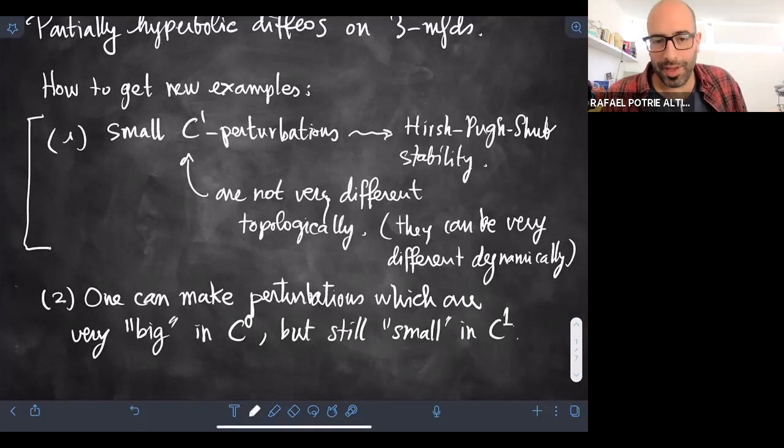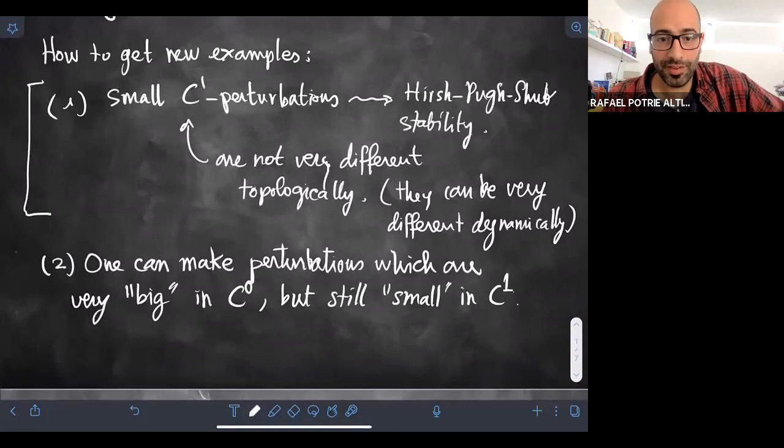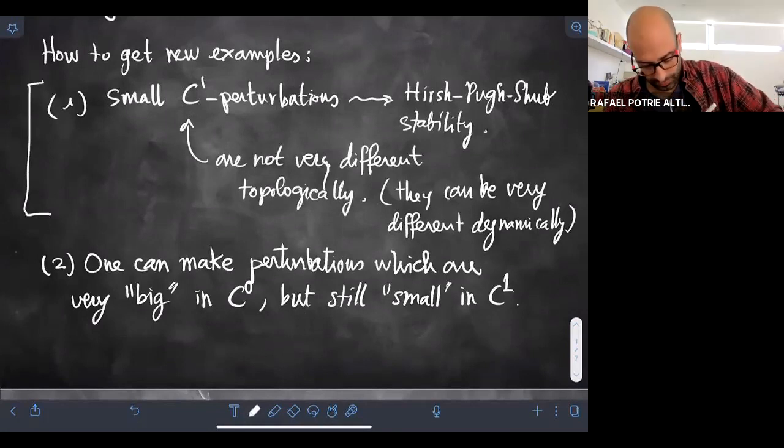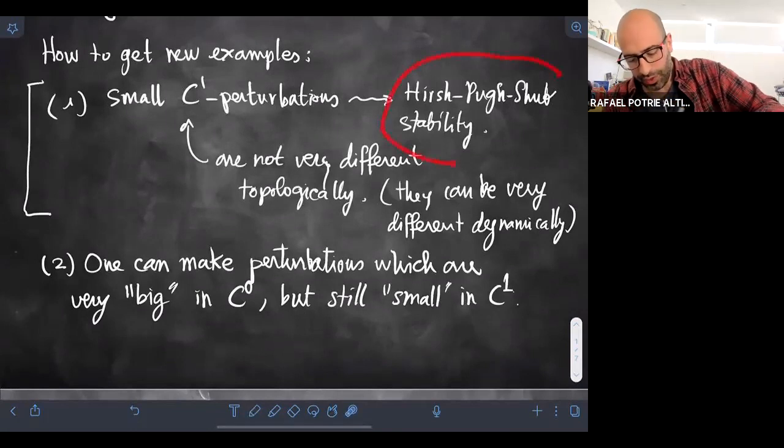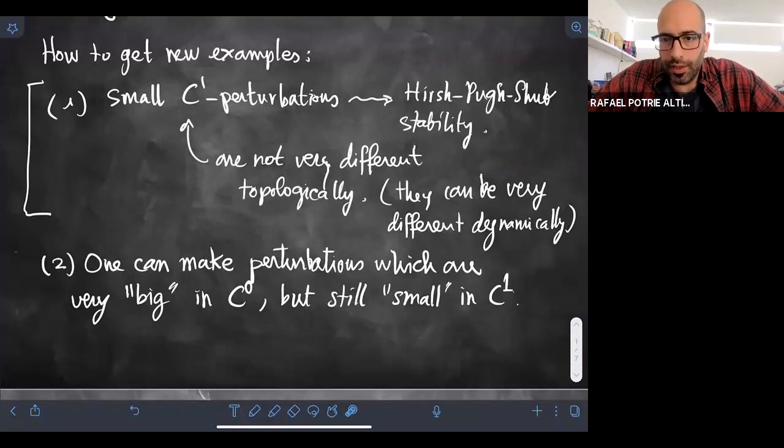And this doesn't make sense because the C1 norm includes the C0 norm, but we will make this have some sense, and using this we'll construct new examples. The goal of the lecture is to see the topological class of these new examples, to have the starting point to ask the dynamical question.